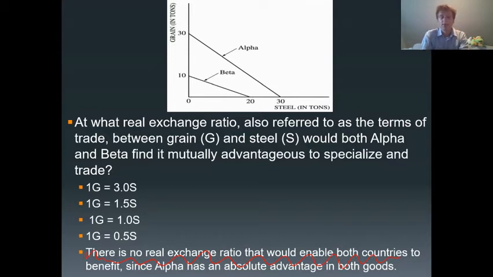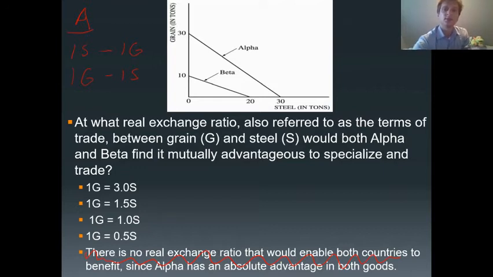Now, we have to figure out the opportunity costs. For alpha, we'll do that on the left-hand side of the screen. Sorry for my bad handwriting. For alpha, to produce 1 unit of steel, they have to give up 1 unit of grain. And to make 1 grain, they have to give up 1 unit of steel.